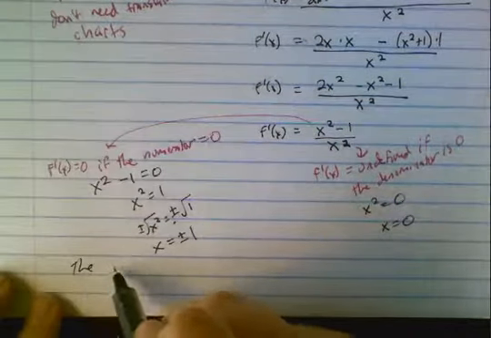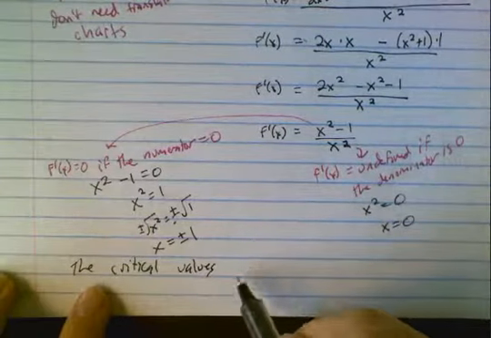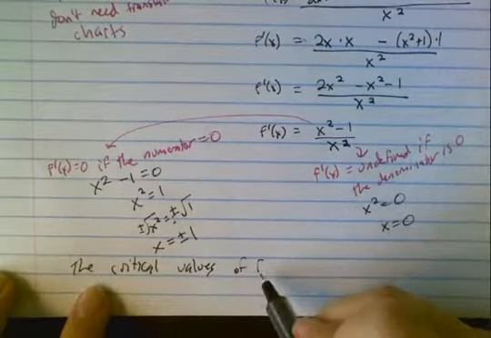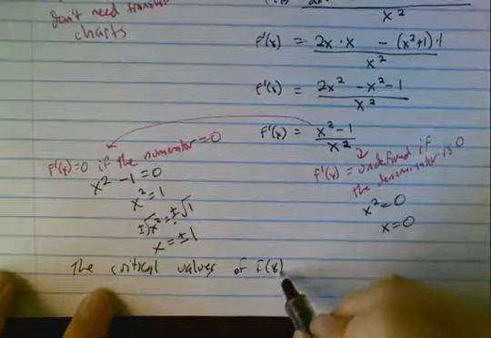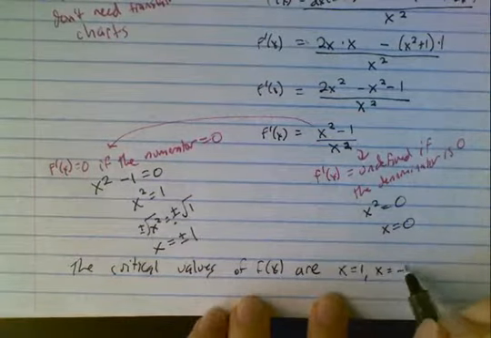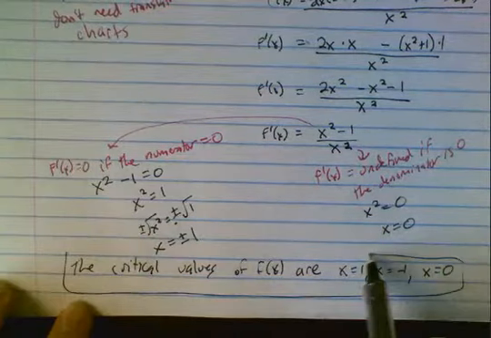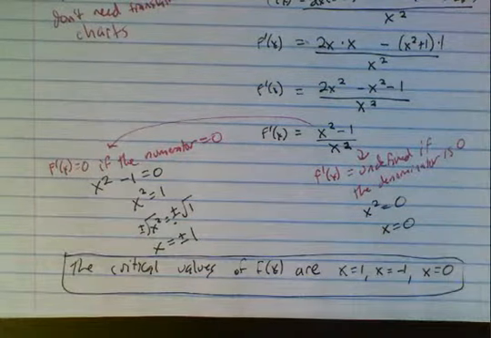So the critical values are x equals 1, x equals -1, and 0.